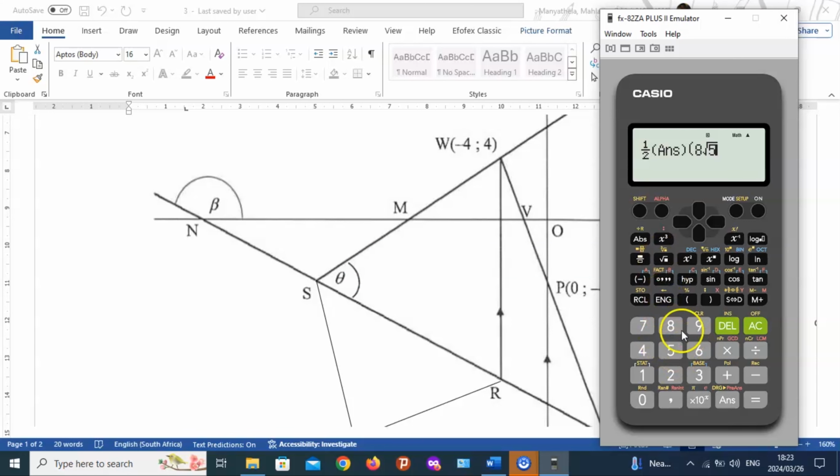So the area of this triangle is 115.21 if you round off to 2 decimal places. To find the area of the whole thing, we multiply the area of this triangle by 2, because diagonals bisect the area. So the area of SWRL is equal to 230.41.